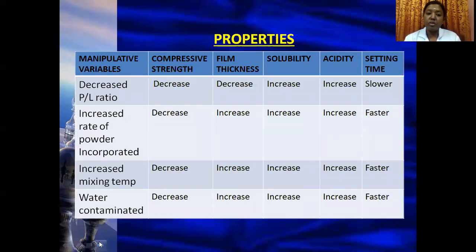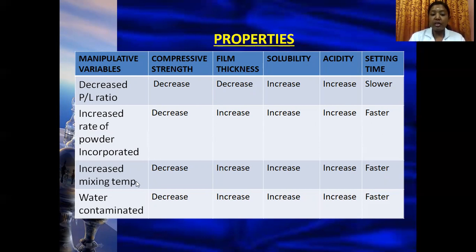This table is to summarize the properties. When you decrease the powder liquid ratio, the compressive strength is decreased, the film thickness is decreased, the solubility and the acidity are increased, and the setting time is slowed down. When you increase the rate of the powder being incorporated into the liquid, the compressive strength is decreased, the film thickness, the solubility and the acidity are increased, and the setting time is also faster.